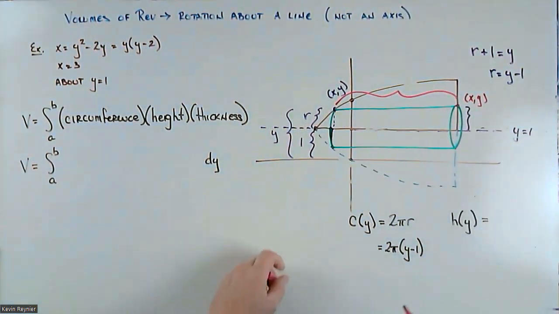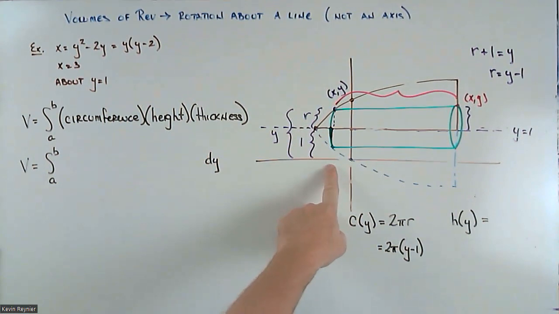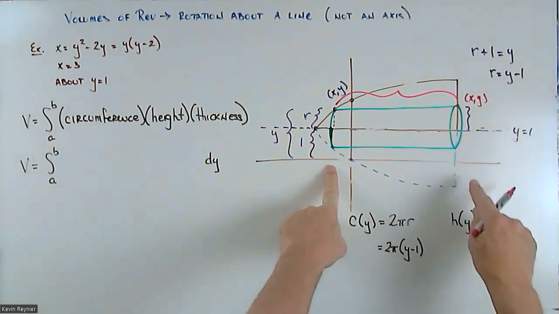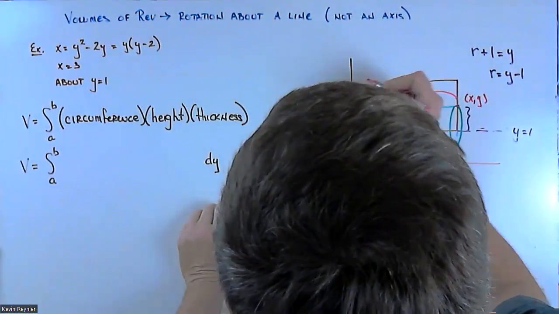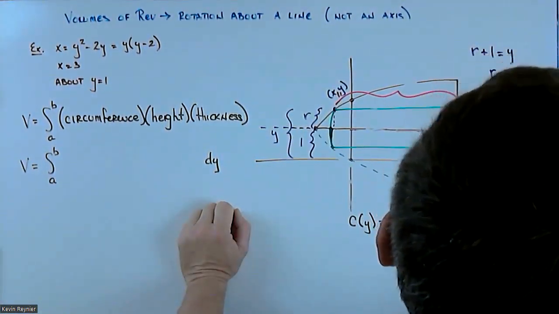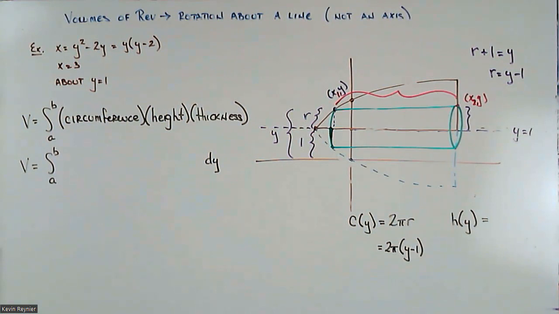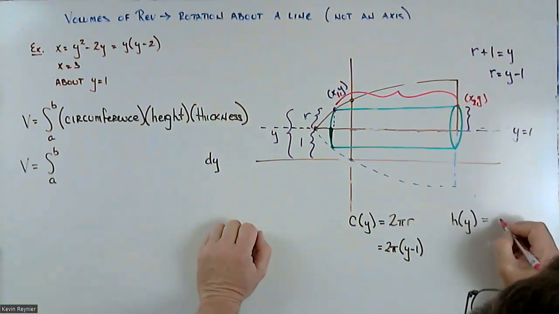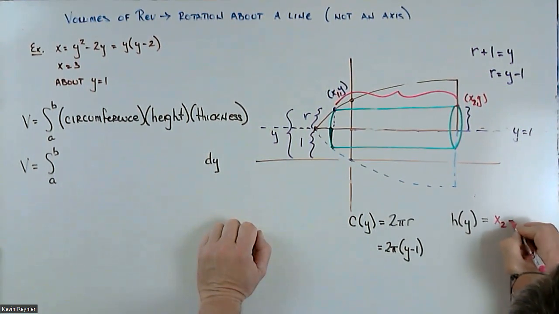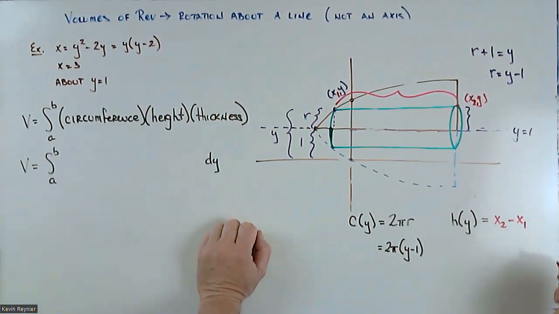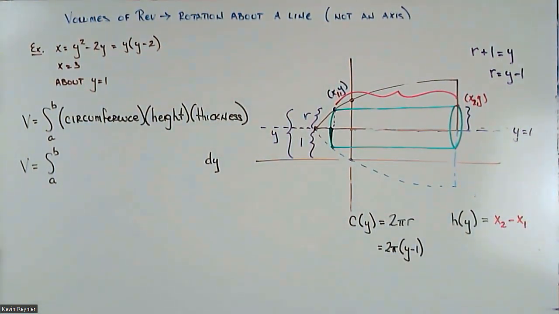Now, they're not the same x, right? This x is in the second quadrant. This x is in the first quadrant. We could call this x sub 1. We could call this x sub 2 if you want to think about it that way. My height is going to be x sub 2 minus x sub 1. Now, my job, of course, is to figure out who those x's are.